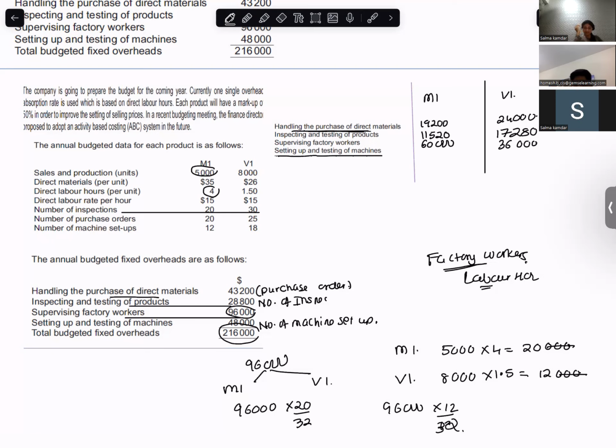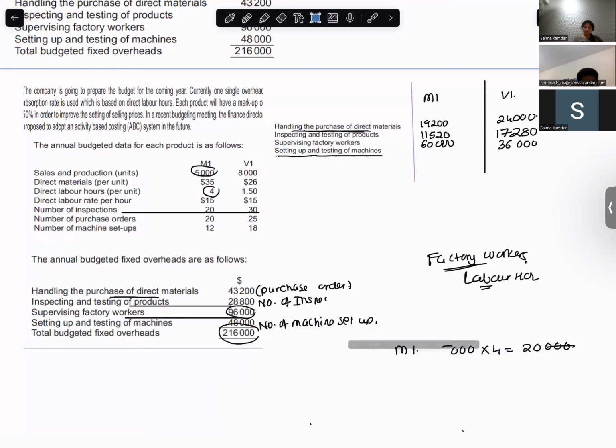Now the next one, setting up and testing of machines. It would be distributed on the basis of the suitable cost driver, which would be the number of machine setups. The number of machine setups is 12 for M1 and 18 for V1.